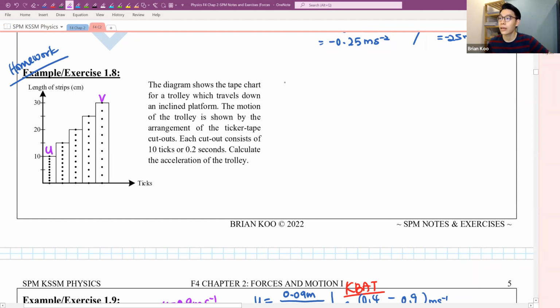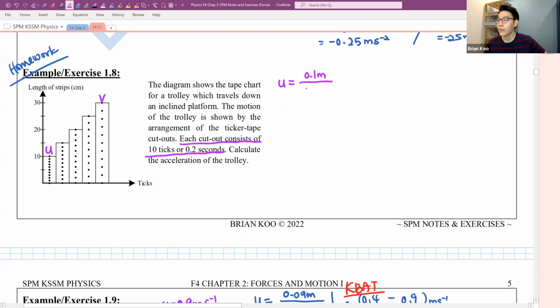And to find out the U, we will go and do distance divided by the time. Distance is 10 cm. You can write 10 cm or 0.1 meter. By now, I hope you are a pro at this. And then each cutout consists of 10 ticks or 0.2 seconds.